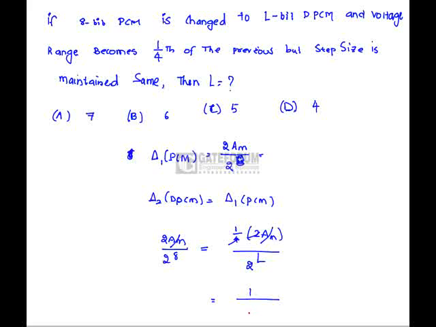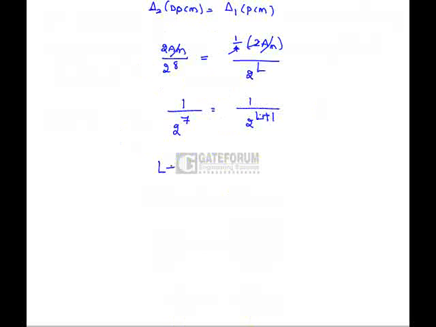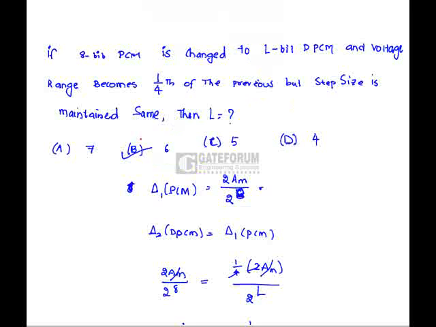So 1 by 2 power L plus 1, 2 power 7. L plus 1 is 7. L equals 6 bits. Hence option B is correct.